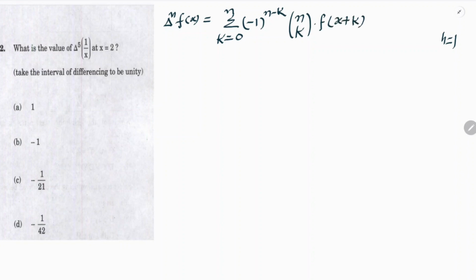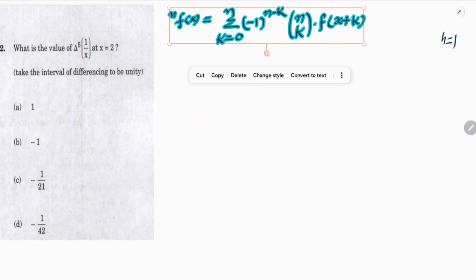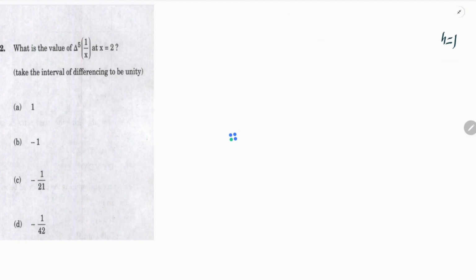But we know that remembering all the formulas in numerical analysis is very hard. So what we can do for these kinds of questions, we can use a trick to solve them.